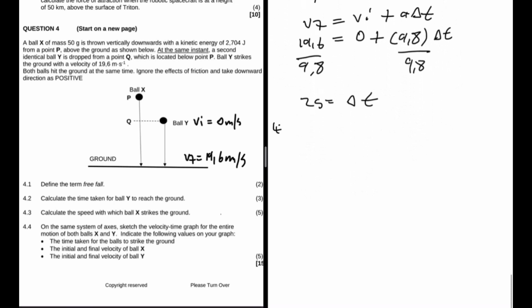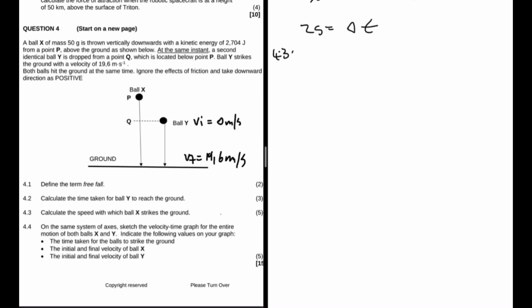Now 4.3 says calculate the speed with which ball X strikes the ground. So let's take our attention to ball X. For ball X, we are asked to find VF, the speed at which it strikes the ground. That's what we're looking for. We can find VI because we are given the kinetic energy.